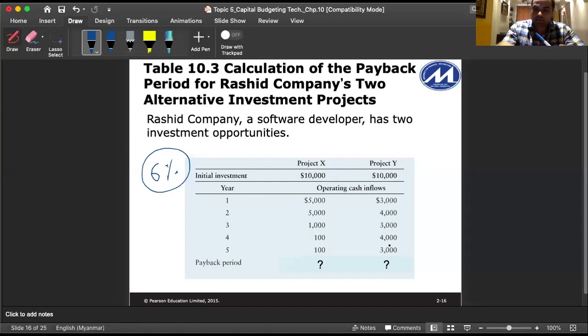So you can see both projects have uneven cash flows. So we're going to use a discount table.